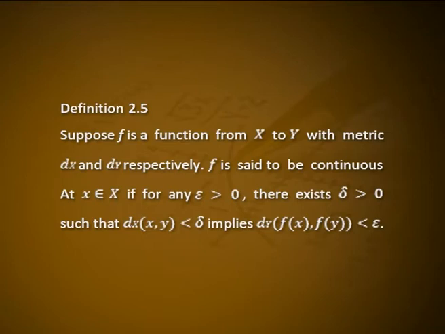Suppose f is a function from X to Y with metrics d_X and d_Y respectively. f is said to be continuous at x in X if for any epsilon greater than 0 there exists delta greater than 0 such that d_X(x, y) less than delta implies d_Y(f(x), f(y)) less than epsilon. This definition is analogous to what we have learned about continuity in a real analysis course.